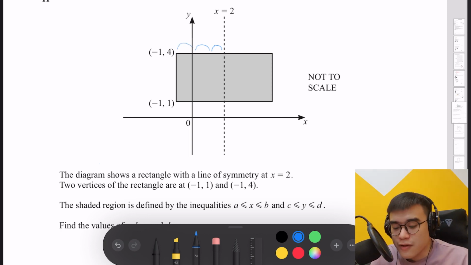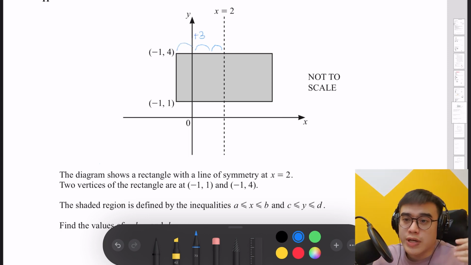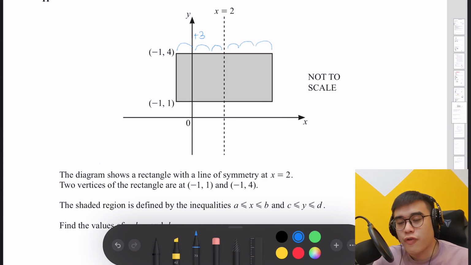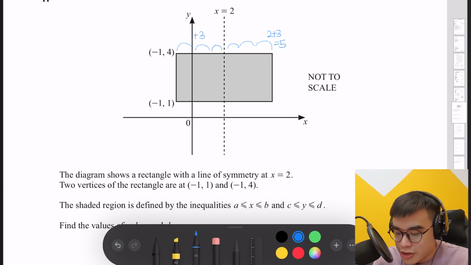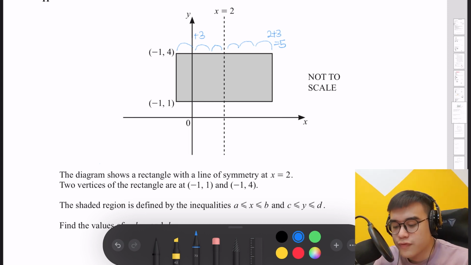If it's a line of symmetry, it will reflect another 3 steps to the right-hand side. So from 2, you increase another 3, and you arrive at 5. Since they are on the same line, the y will never change. It will be 4 for them. So I know the coordinates of the point will be (5, 4).